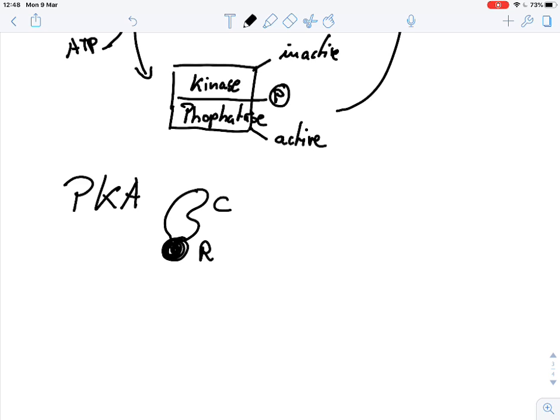Let's call them C and R. Protein kinase A usually is inactive or not very active. And the reason is this regulatory subunit is a negative effector. So this negative effector inhibits PKA.